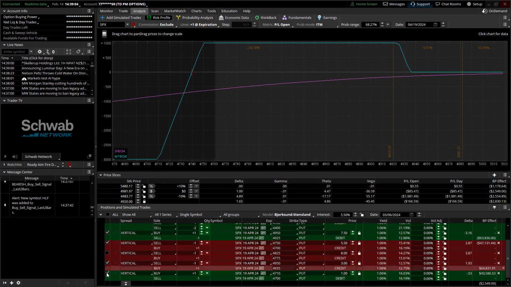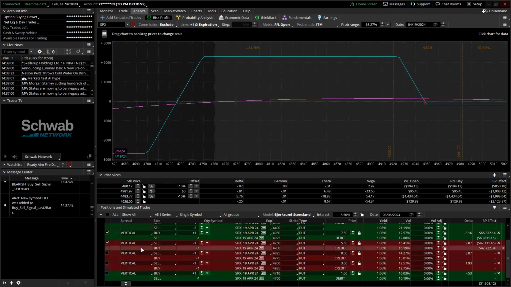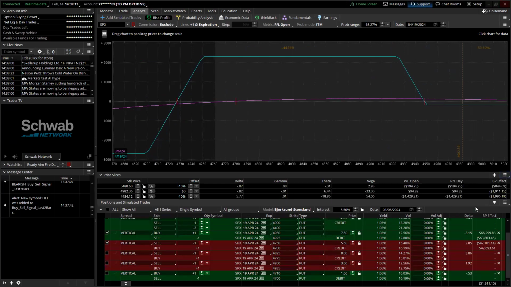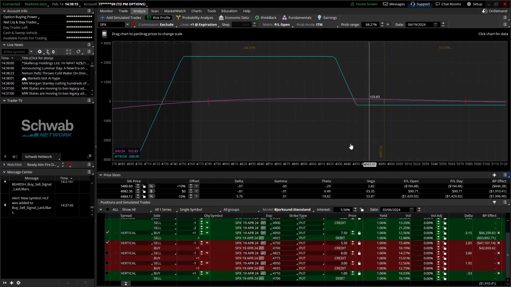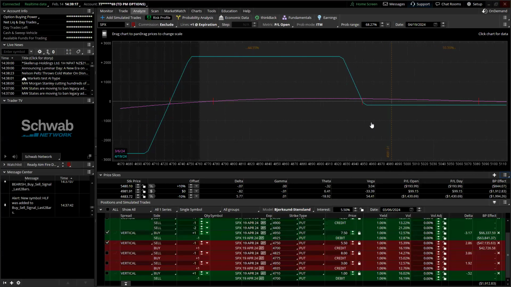The idea is to initiate a trade, and I don't mind paying a debit up front, okay? Because my goal is not to put this trade on and go away and come back to look at this trade on the day of the expiration.